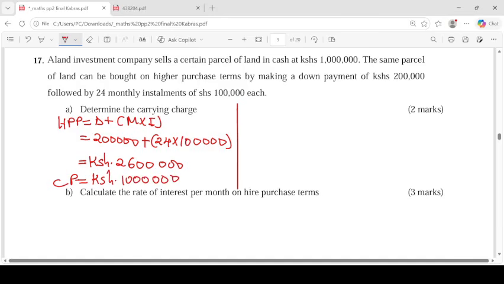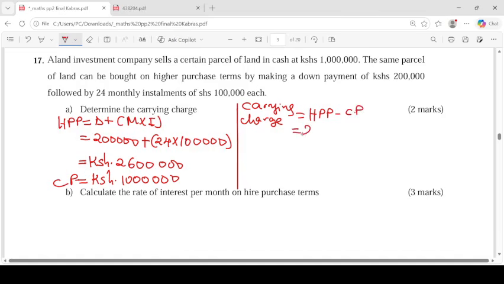When they talk about the carrying charge, it is just like the interest. How much more are you going to pay? That is how much interest on top the company is going to gain. So to compute the carrying charge, I'm going to take the hire purchase price minus the cash price.